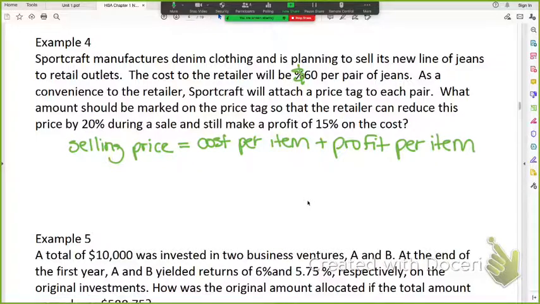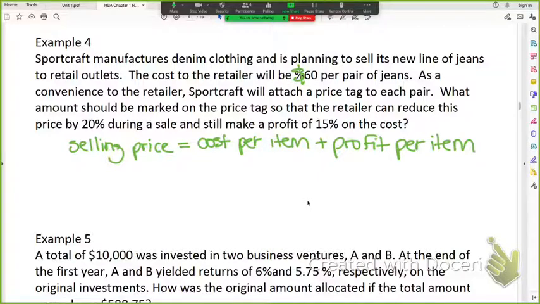Okay. So what this is telling us is that you can determine what you would like to sell something for by saying, here's how much it costs me to make it, and here's how much I want to make from it, and adding them together. That's what I should then sell it for.